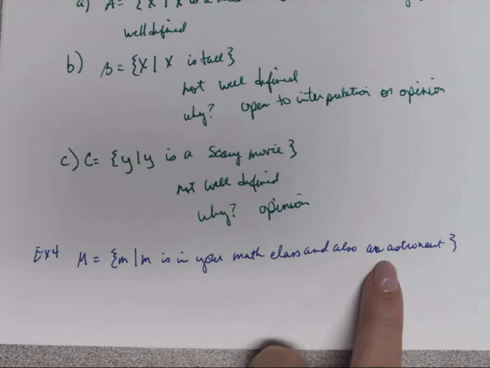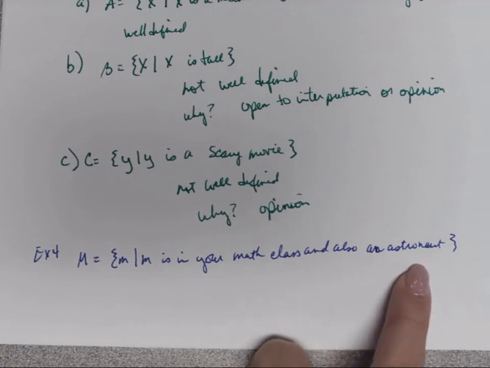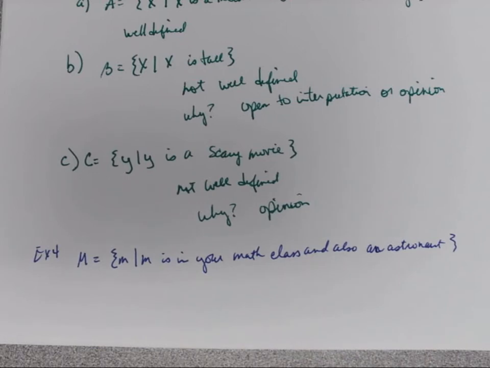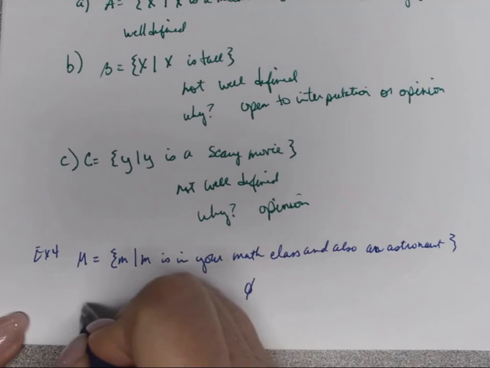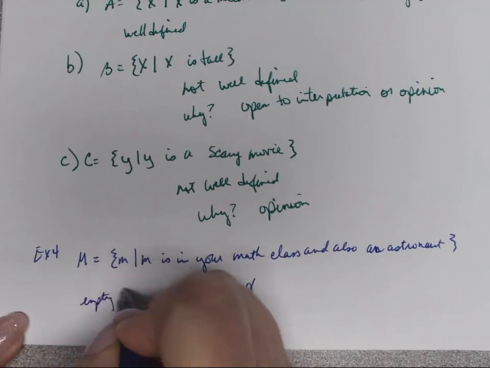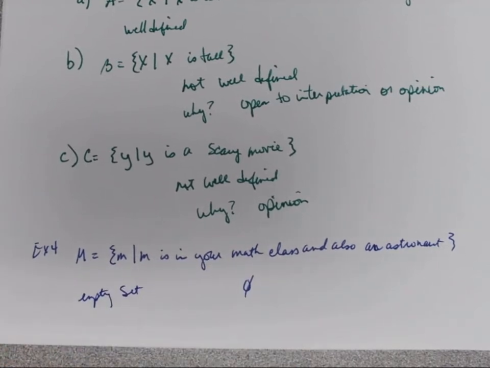There's going to have to be a lot of math classes. So can they be in your first year math class and also be an astronaut? Probably not likely. This would be what we call the empty set. That would be an example of the empty set. Okay.